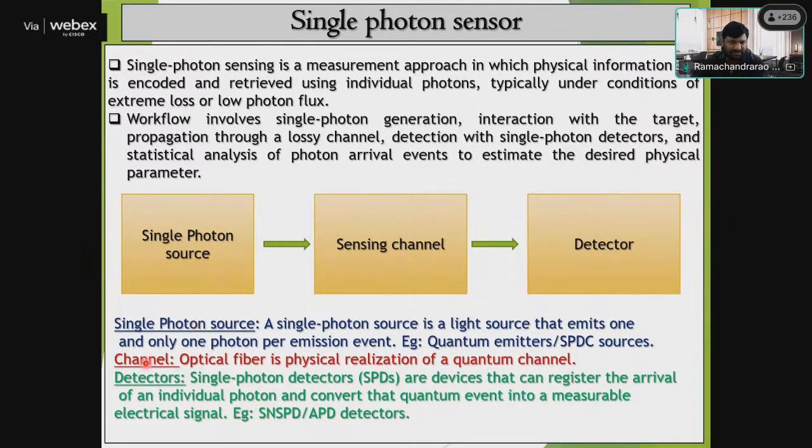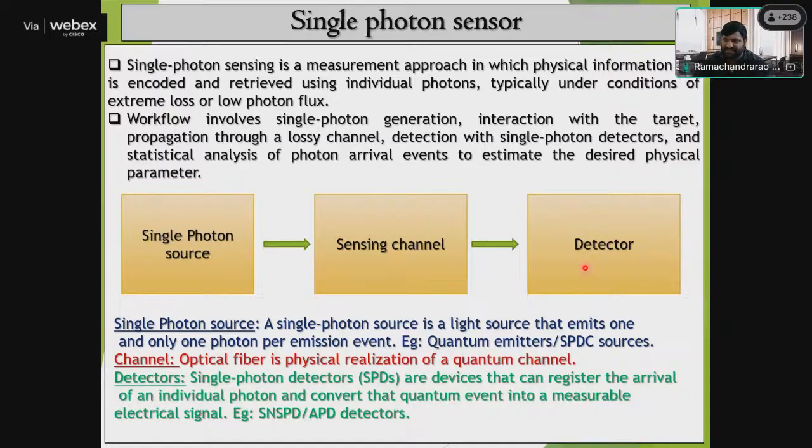In our lab we are using optical fiber as a quantum channel, and at the end you should be able to detect the signal. These detectors are usually APDs or SNSPDs. APD means avalanche photodiode, and SNSPD means superconducting nanowire single photon detector, which I am going to discuss in further slides.